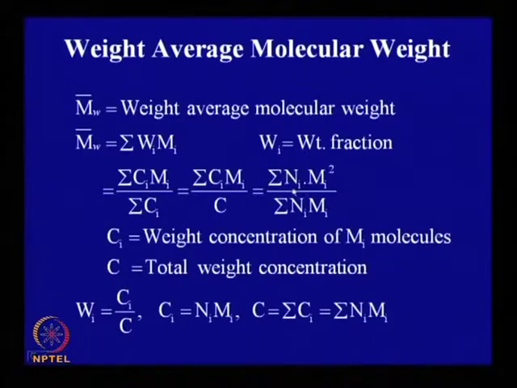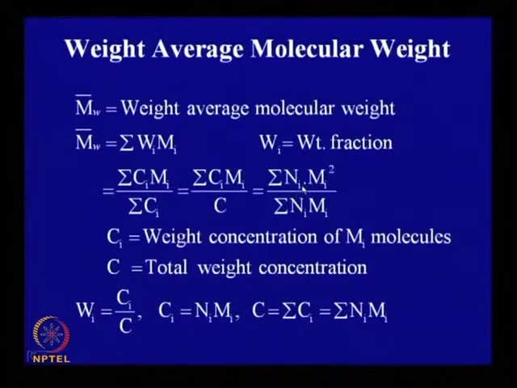Then if those are converted to number of moles or molecules, the expression for weight average molecular weight becomes the sum of the product of Ni and Mi square divided by the total concentration C, which is equal to the sum of the product of molecules with their mass of each species present in the sample. This is not a very difficult thing, and here you see how these parameters are defined and explained.